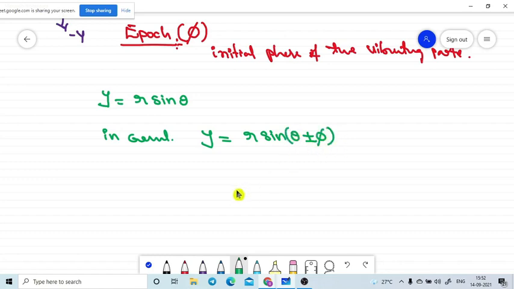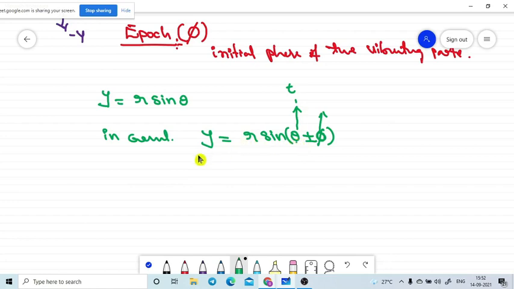That means here theta tells the angle of the particle at a given time t, but this pi tells the initial state, how much angle is there. That location tells that it is the initial phase. It is the phase of the particle at time t. This is the general equation for the displacement of the particle.